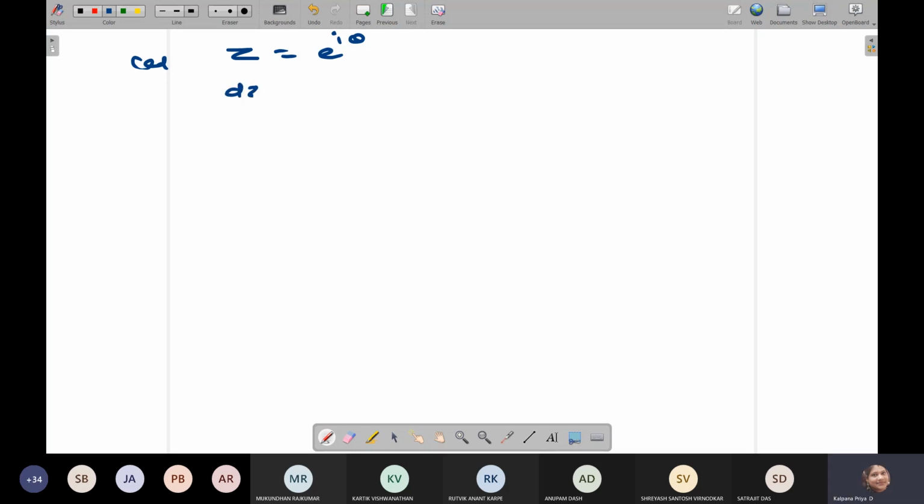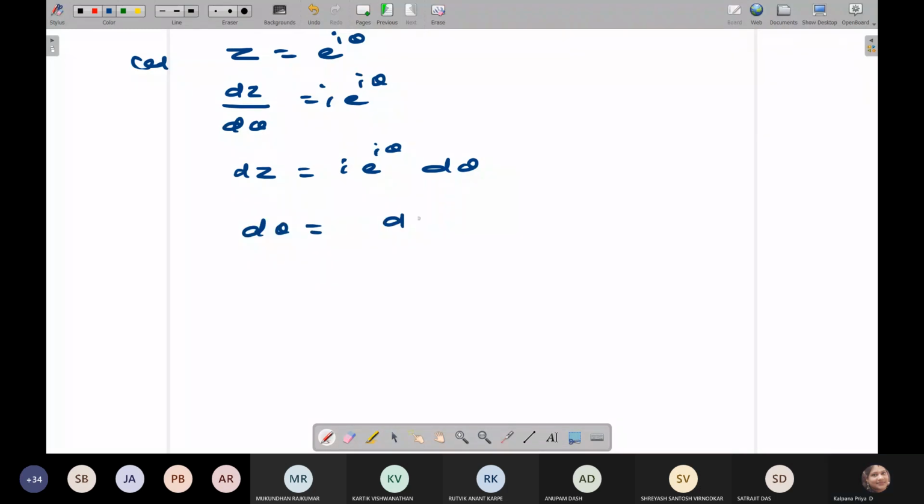So what is dz by d theta? It is e power i theta into i. So dz is i e power i theta d theta. Therefore, d theta will be dz by iz.